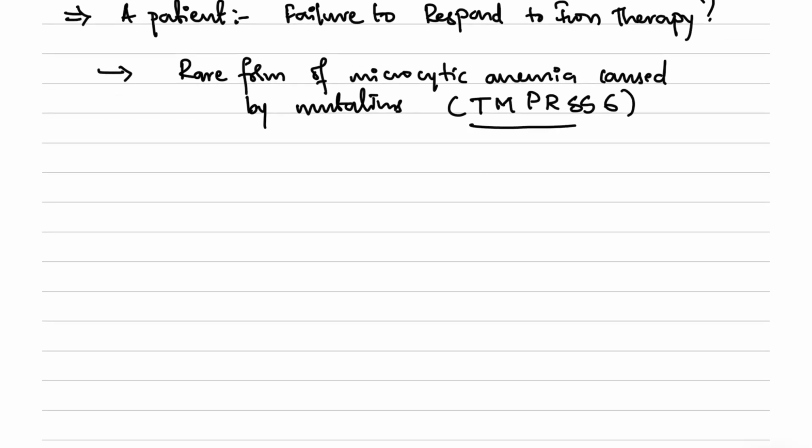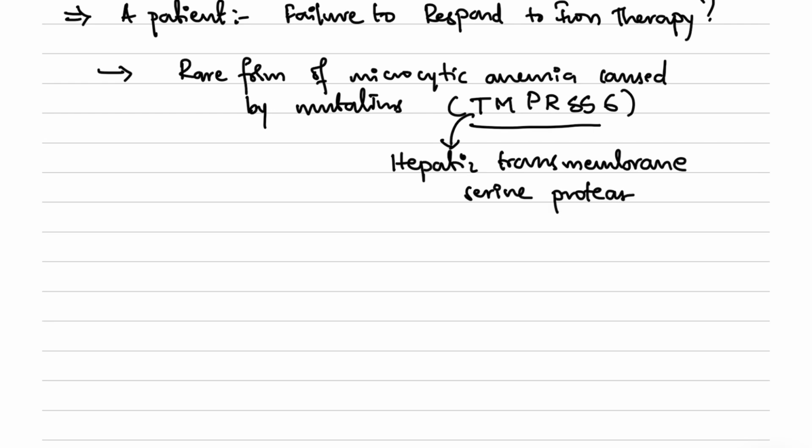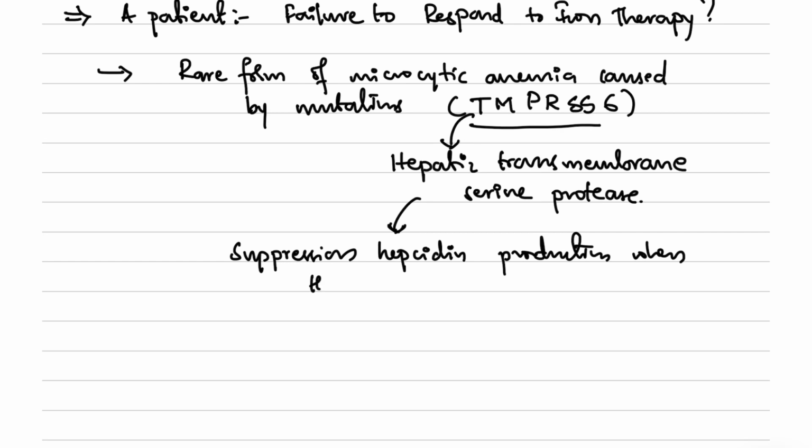TMPRSS6 is nothing but hepatic transmembrane serine protease. And what does this do? This suppresses hepcidin production when the iron stores are low.